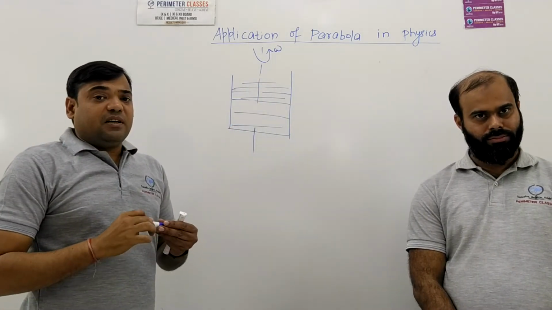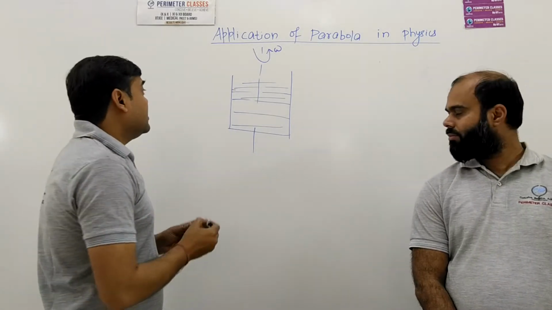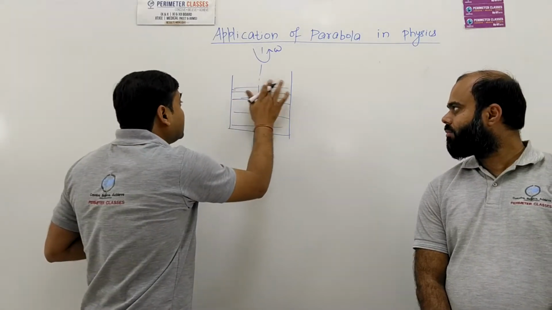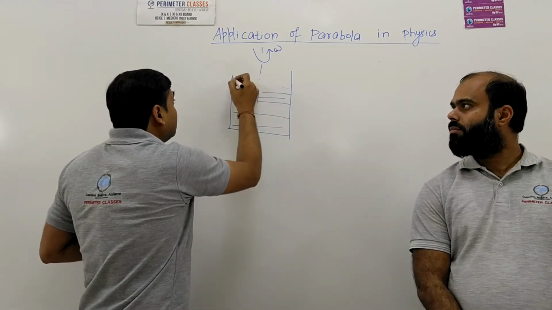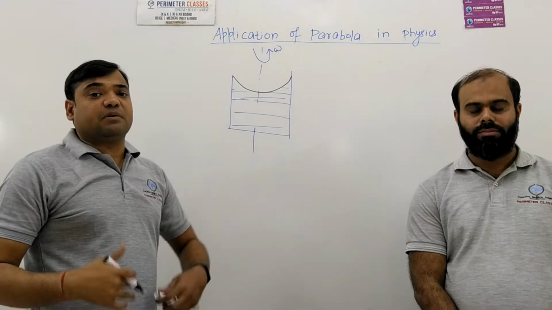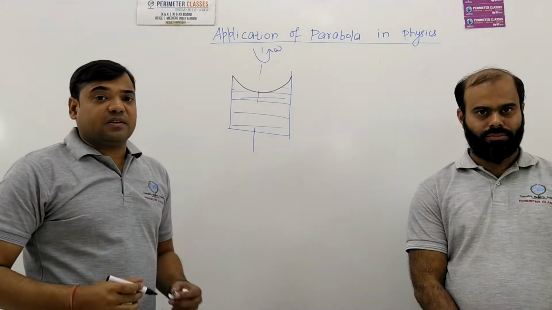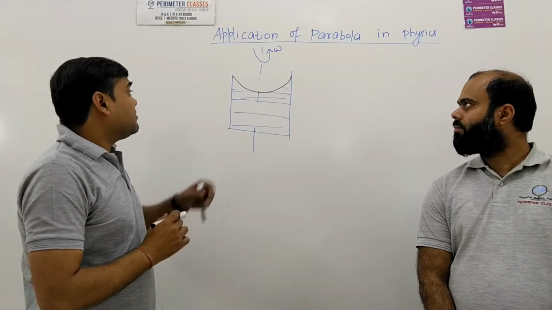Now you can simply do this basic experiment and you will know that the shape of the surface of this liquid will be in this form, that is of the form of some parabola whose vertex can be given by this point here. So this is the shape of the liquid.